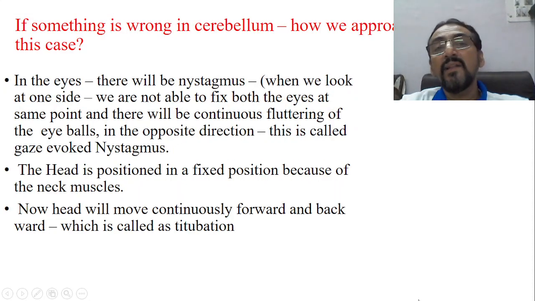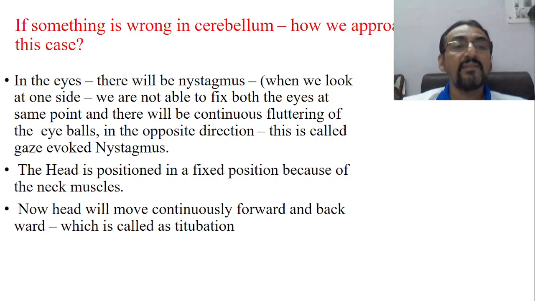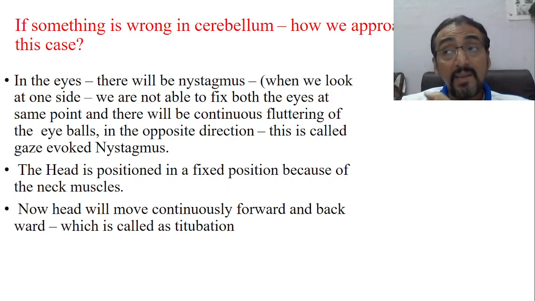If something is wrong in the cerebellum, how are we going to approach it? In the eyes, there will be nystagmus. When we look to one side, we are not able to fix both eyes at the same point, and there will be a continuous fluttering of the eyeballs in the opposite direction, and this is called gaze evoked nystagmus. Similar to the limb and muscle movements we discussed, such movements are also present in the eye, because the eye is also made up of many muscles, isn't it?